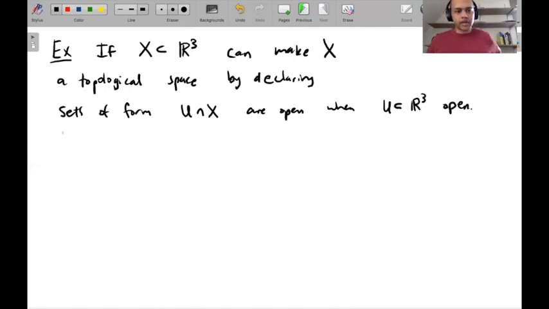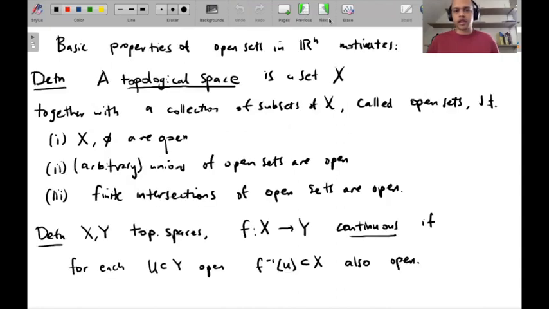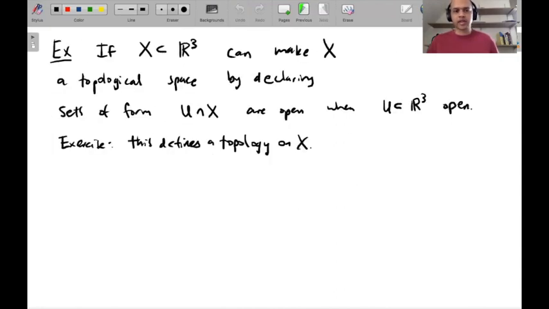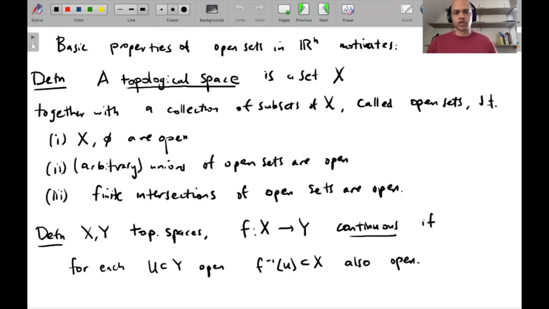Okay, so exercise: this defines a topology on X, which is to say that this collection of open subsets of X satisfies these properties 1, 2, and 3.